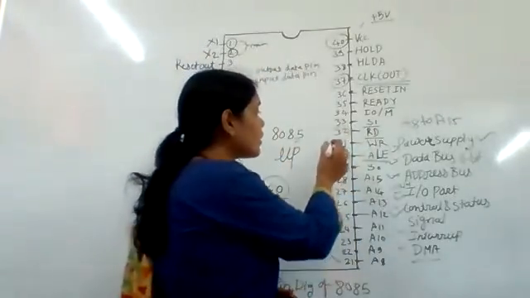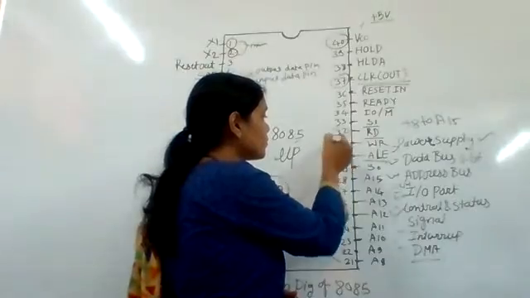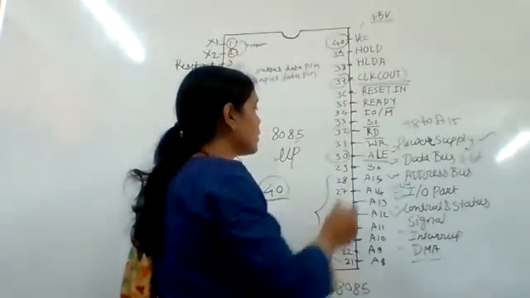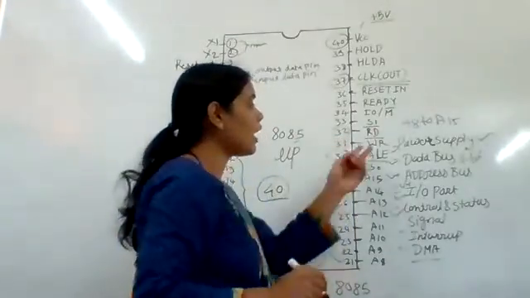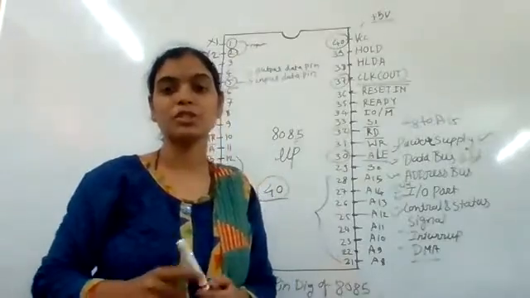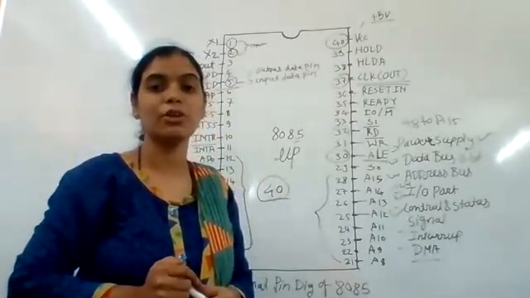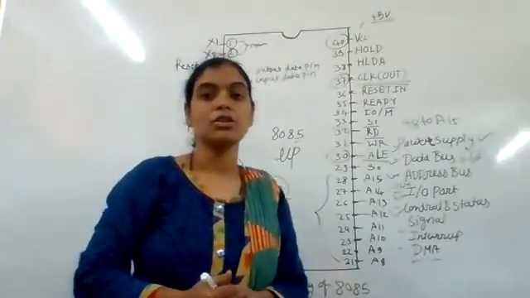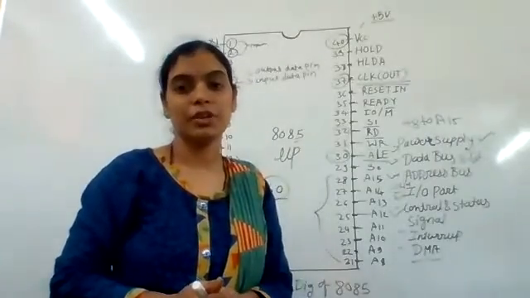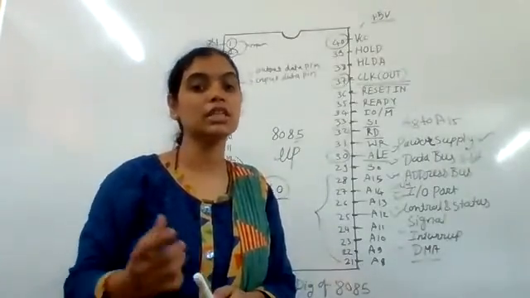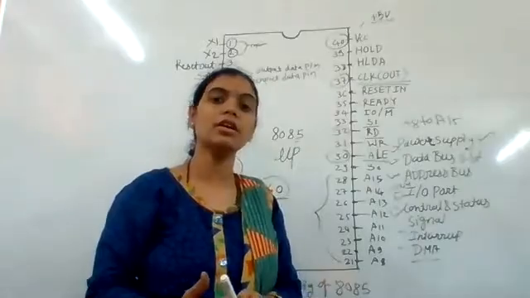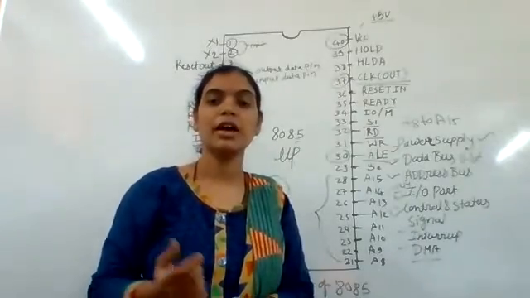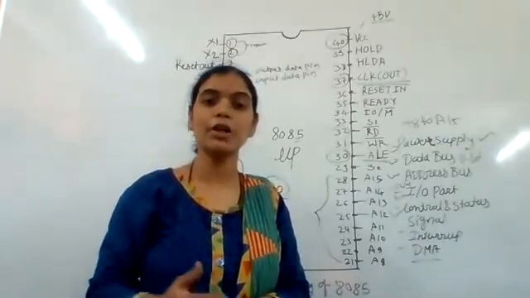Next is pin number 31, WR. This pin shows the write operation. A low signal on this pin represents a write operation to the memory or IO device.